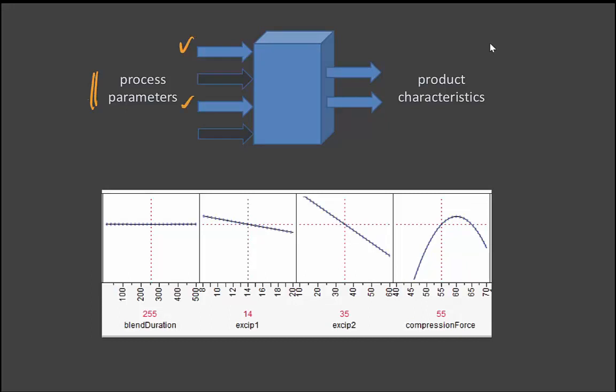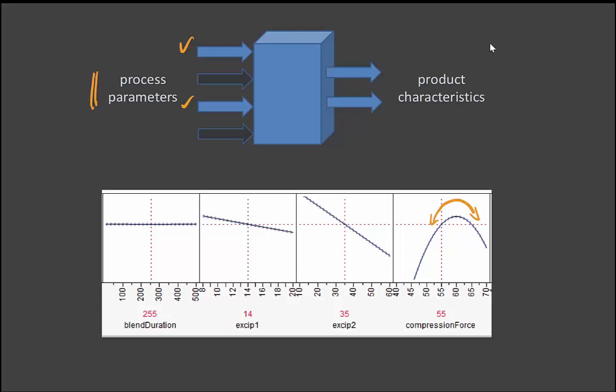With a response surface design, what we are trying to do is say, okay, we know what the important ones are, but let's model the detailed characteristics. So response surface designs allow us to model, for example, this curvature, which we wouldn't typically see in a screening design.